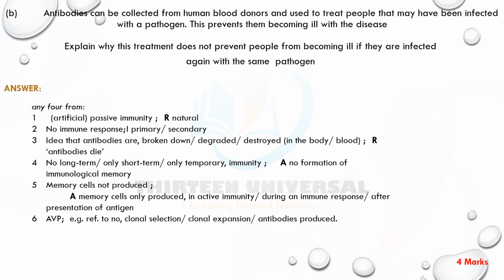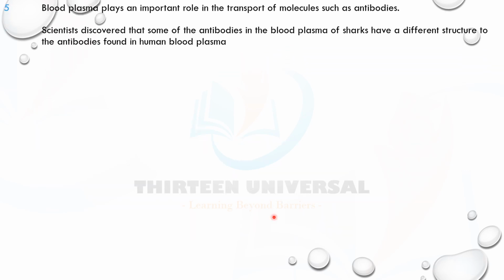Blood plasma plays an important role in the transport of molecules and antibodies. Scientists discovered that some of the antibodies in the blood plasma of sharks have a different structure to the antibodies found in human blood plasma. Fig 2.2 shows the structure of an antibody molecule found in the blood plasma of a shark.